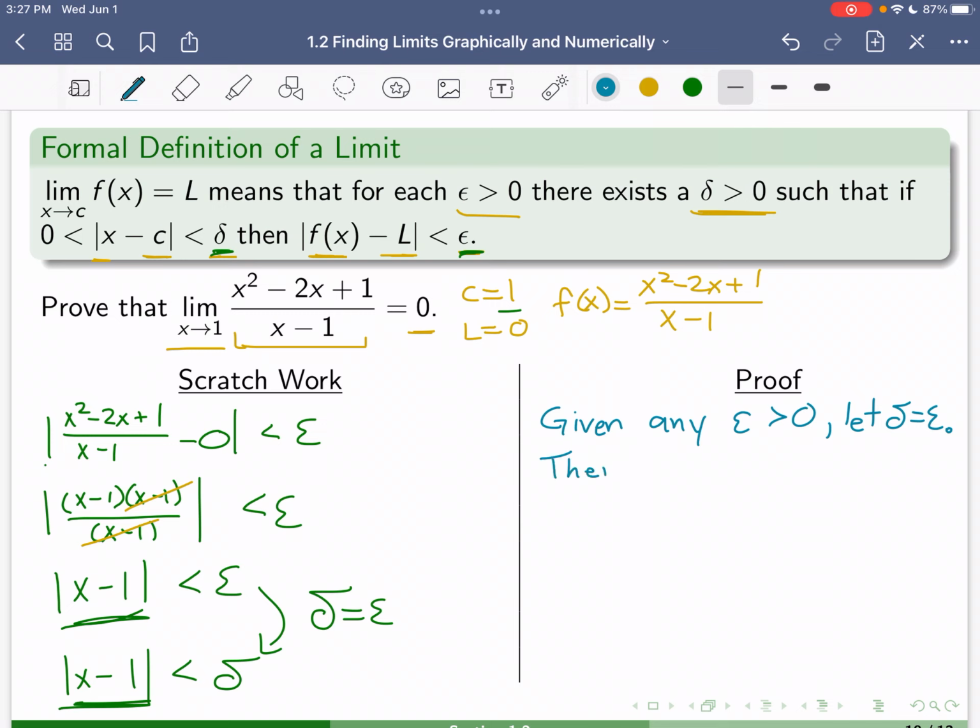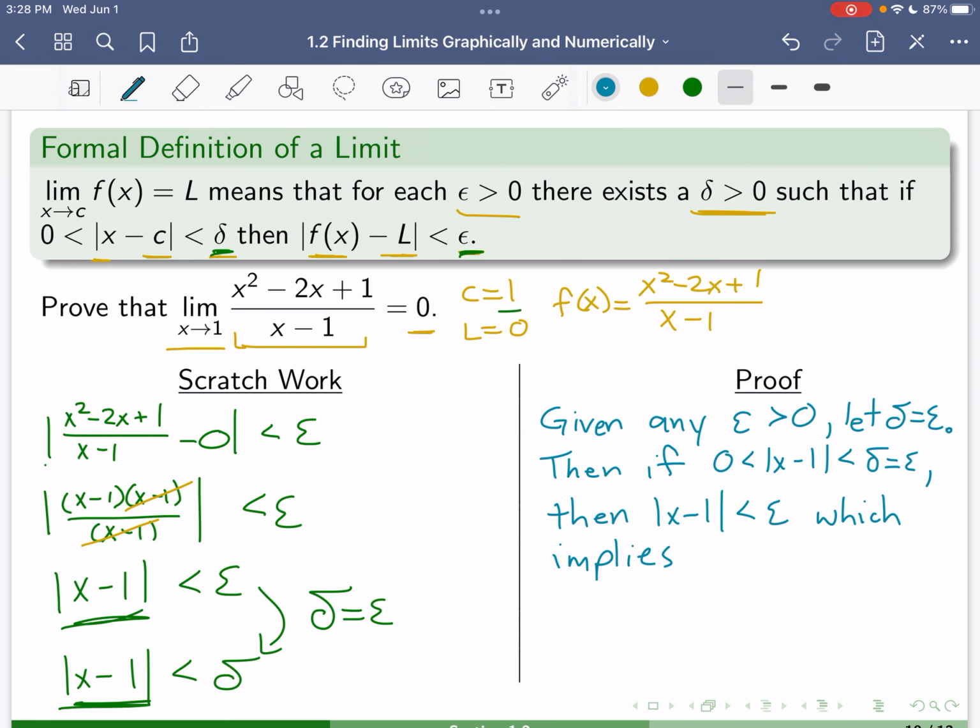Then if we have 0 less than the absolute value of x minus 1 less than delta, which is equal to epsilon, then the absolute value of x minus 1 is less than epsilon, which implies that the absolute value of x minus 1 times x minus 1 over x minus 1, minus 0, is less than epsilon.